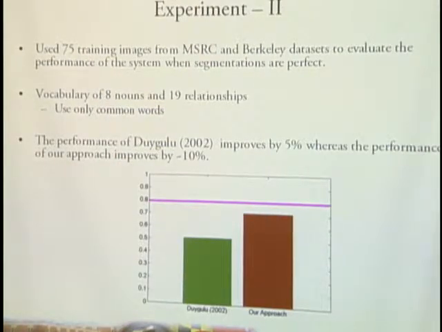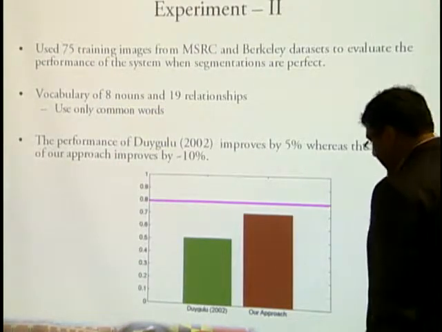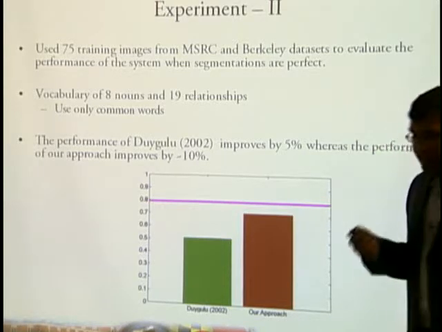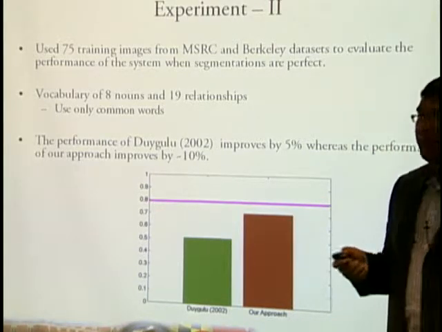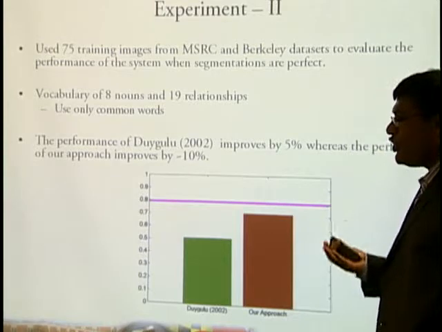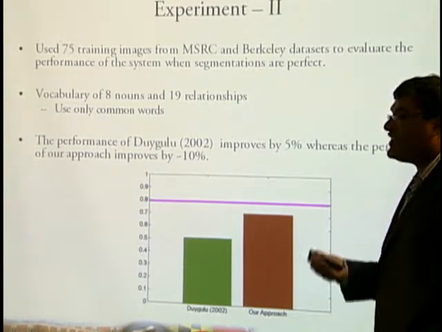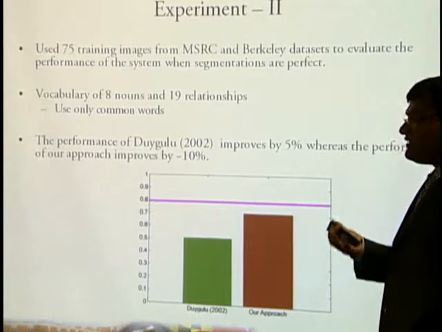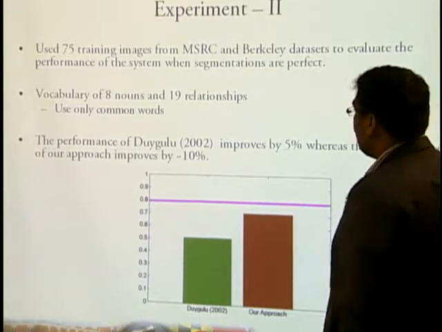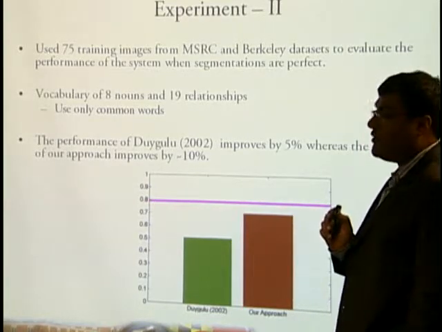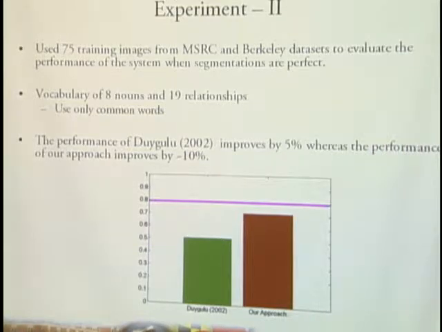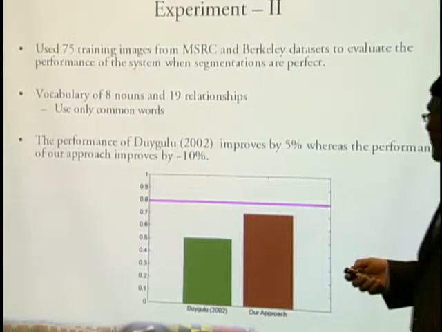Now, as you can see, the results of the previous experiments are confounded by the bad segmentations. That is, you do not know whether my approach works better because of the bad segmentations, or just because of some kind of association. So what we did was another small experiment. In this case, we took 75 training images from MSRC and Berkeley datasets, and the segmentations are perfect and given by humans.